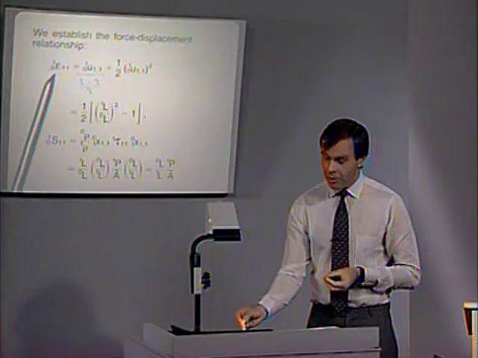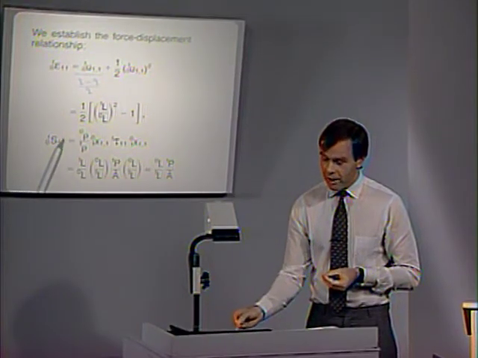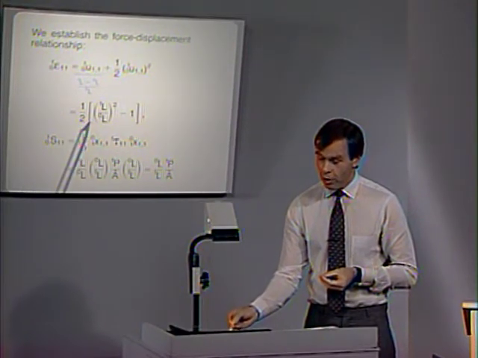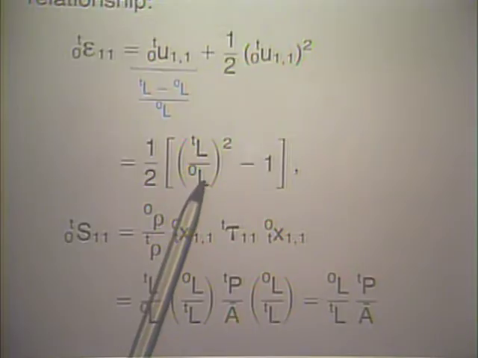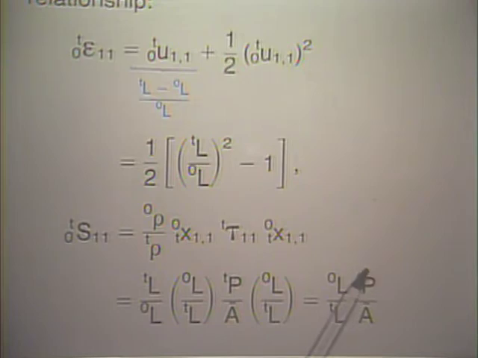We therefore have now the Green-Lagrange strain and the second Piola-Kirchhoff stress in terms of current length and original length, and force applied, and of course the cross-sectional area goes in there.